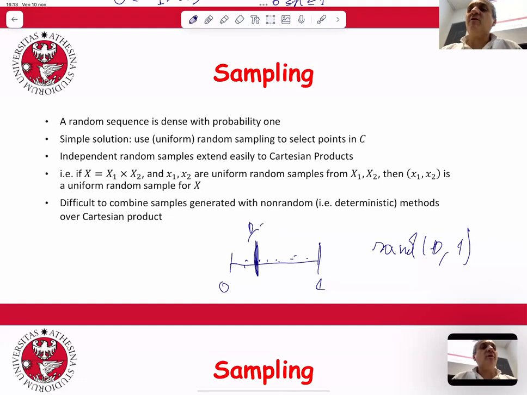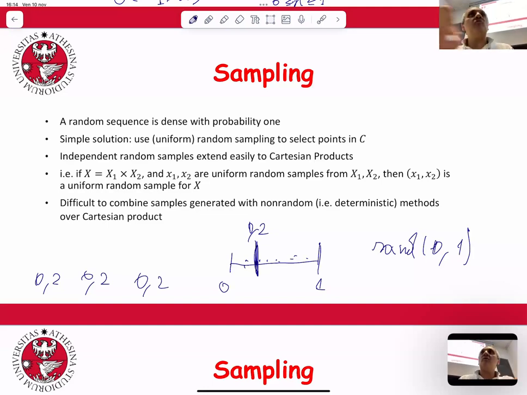This number is 0.2. It's possible that I keep extracting 0.2, 0.2, 0.2, forever. But what is the probability that this will happen? It's 0, right? So it's an event that is possible, but the probability that it will happen is 0.